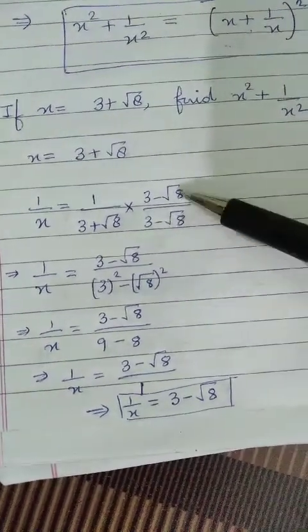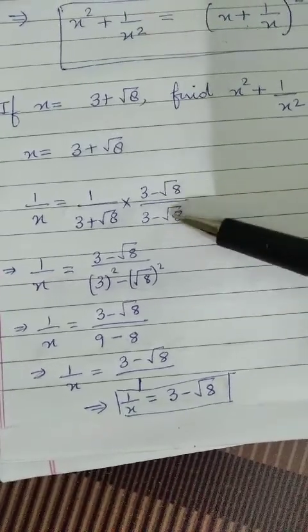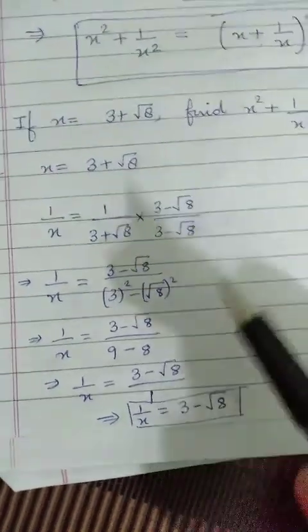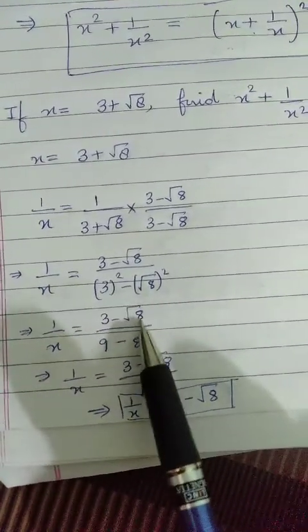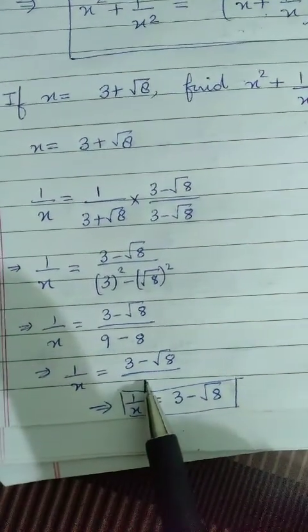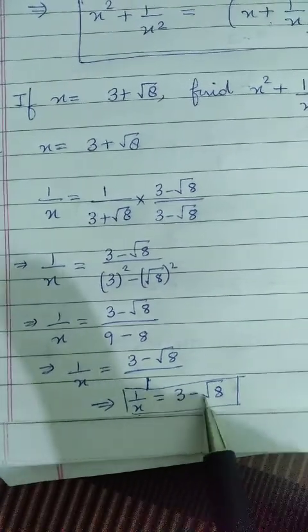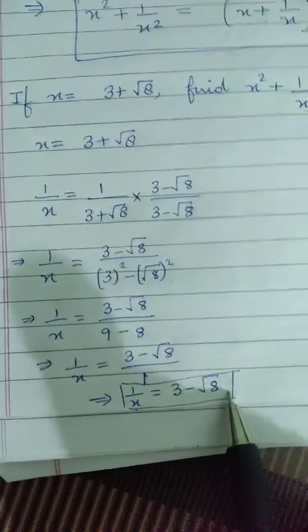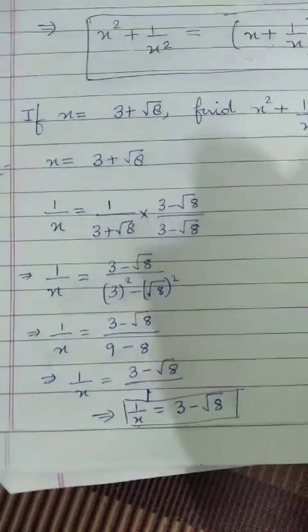So we multiply and divide it by 3 minus root 8. On doing so, we have 1 by x as 3 minus root 8 upon 9 minus 8. So the denominator is 1, which is rational, and we have expressed 1 by x as 3 minus root 8. Now 1 by x and x both are in the standard form.